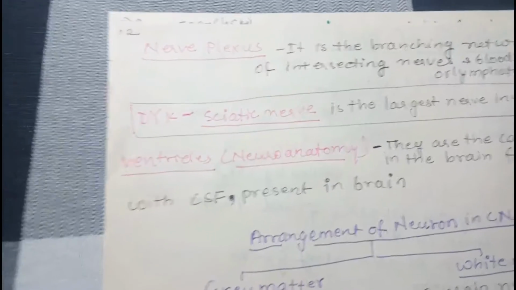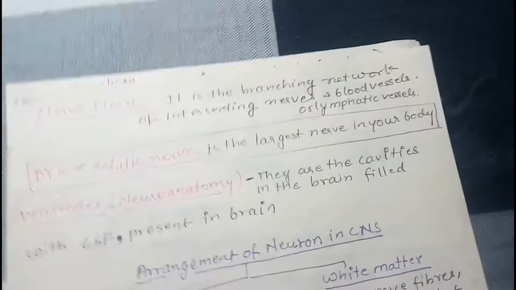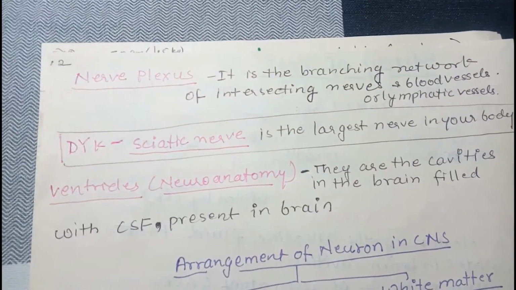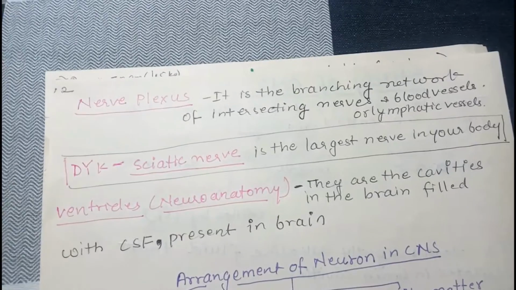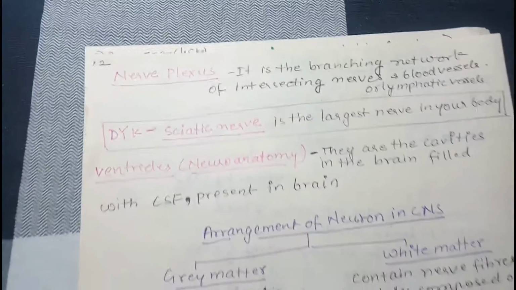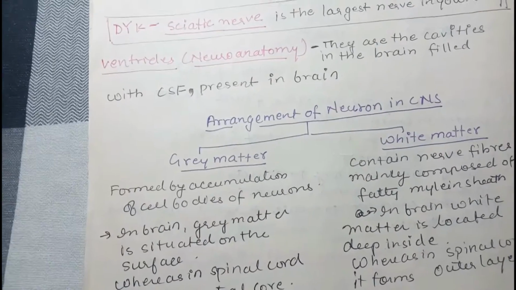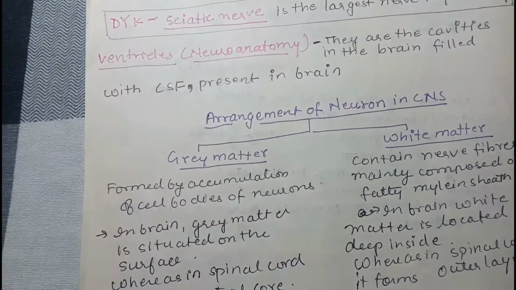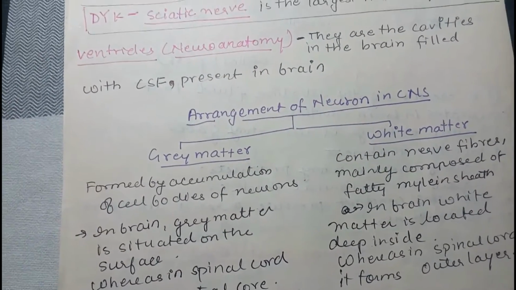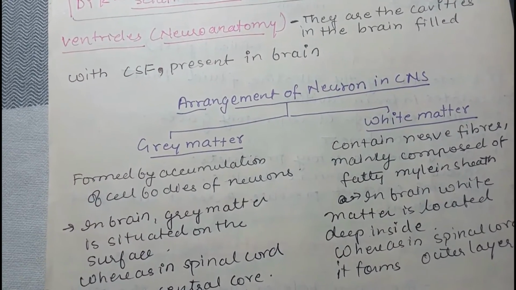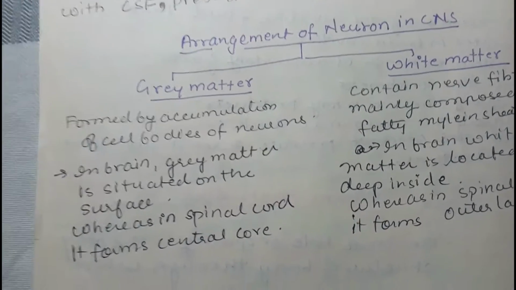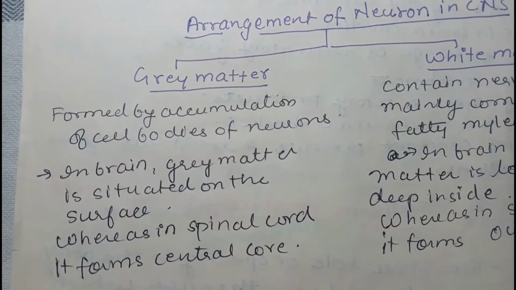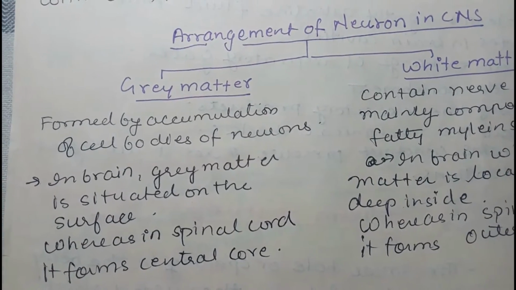Now ventricles, what are ventricles in neuroanatomy? They are the cavities in the brain filled with the cerebrospinal fluid, and they are present in the brain. Now, arrangement of neurons in the central nervous system. The neurons are arranged to form gray matter and white matter. Gray matter is formed by the accumulation of cell bodies of neurons.